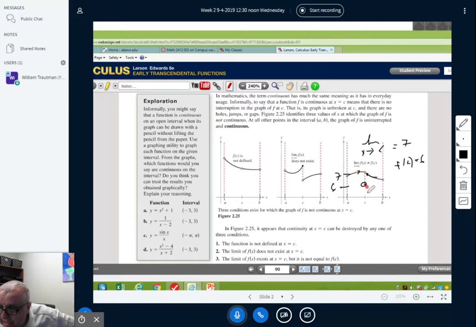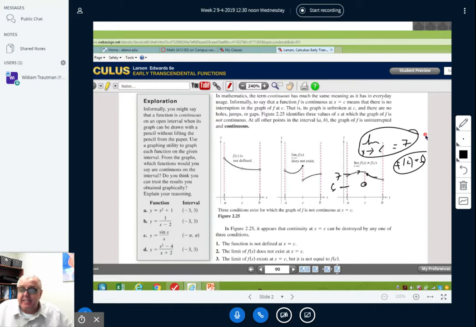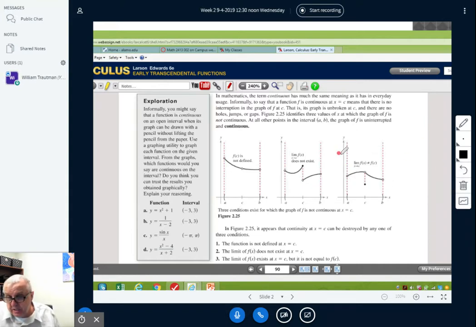Well, f of c equals this number right here, and that might be 6. So the limit and the actual function, the y value of the function at c, don't equal each other. So we say this function is not continuous. So these are the three rules of why a function is not continuous. So we needed to know that. So that was on my first slide, and I took that right out of the calculus book.